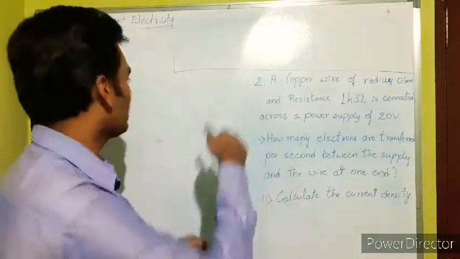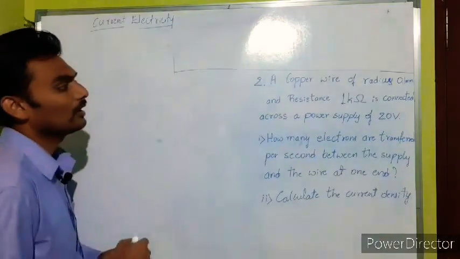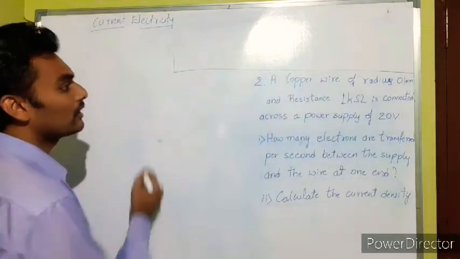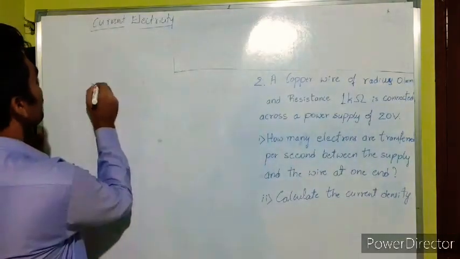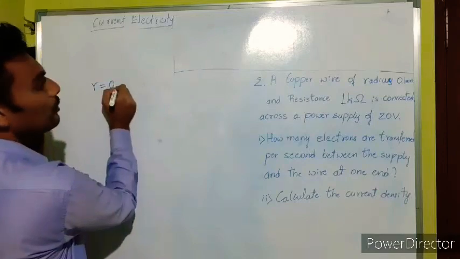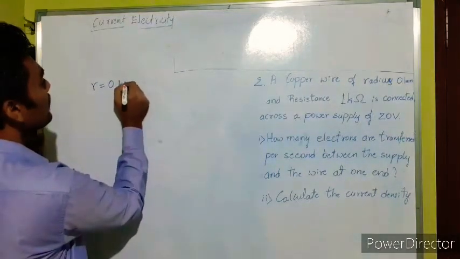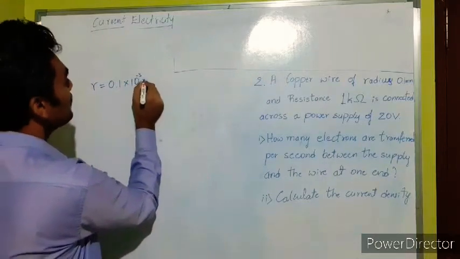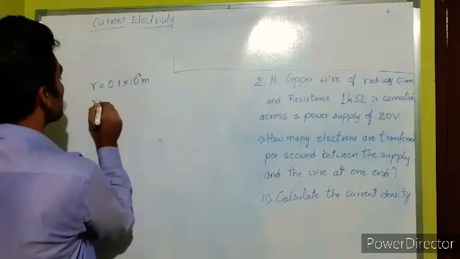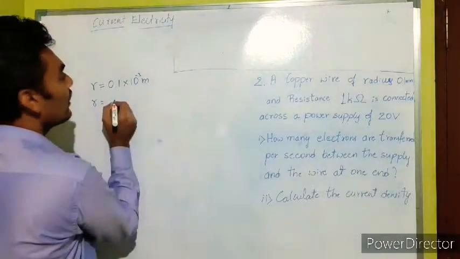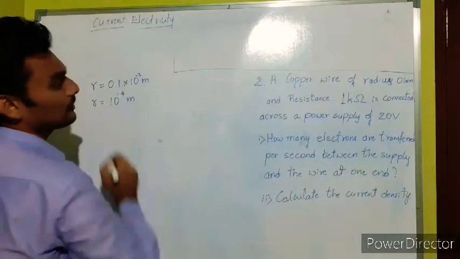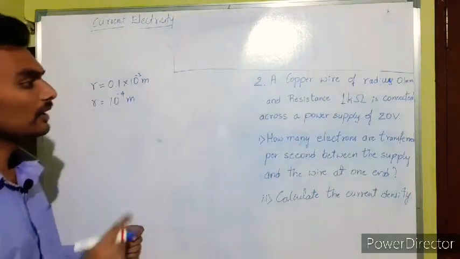Okay, first let me write the given data. What and all is given. Radius of the copper wire given is 0.1 millimeter, right? 0.1 into 10 to the power of minus 3 meter, which can also be written as 10 to the power of minus 4 meter, right? This is the radius.